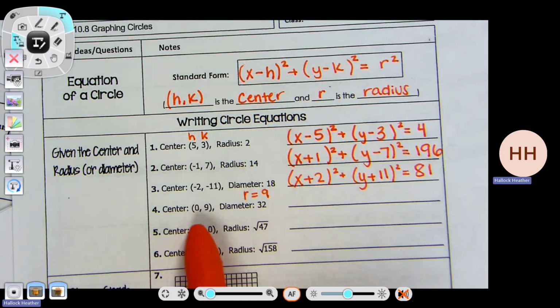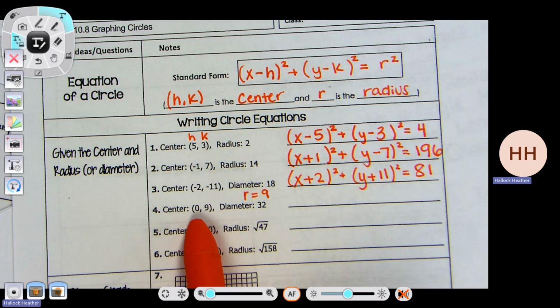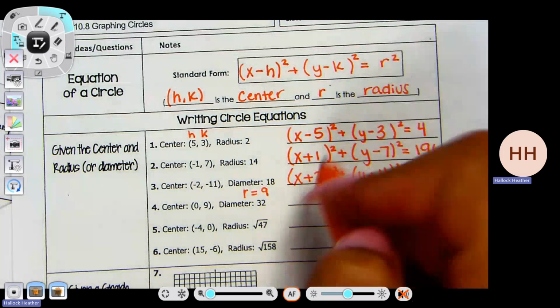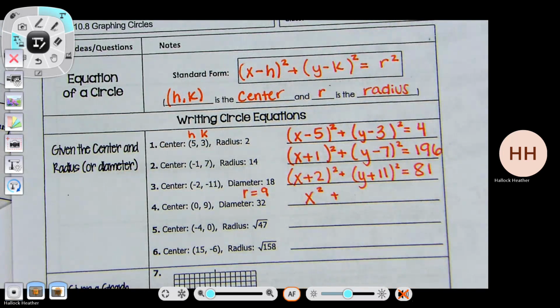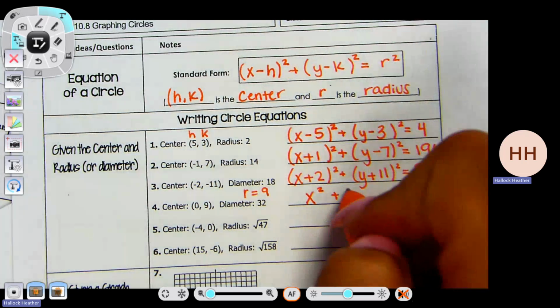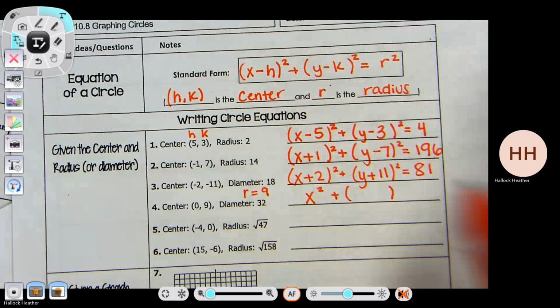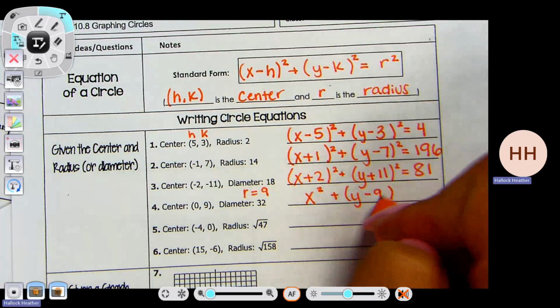So this one, instead of putting x plus 0 or x minus 0, that can be simplified to just x. So it's x squared. And then what's going to be in the other parentheses? Y minus 9 squared.